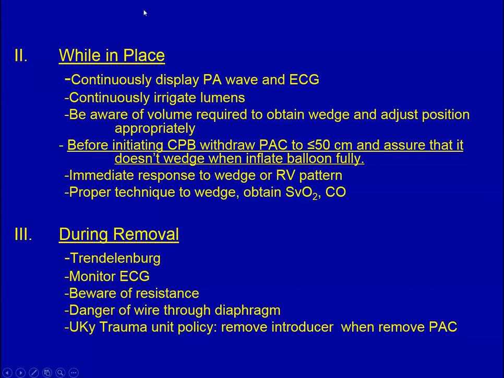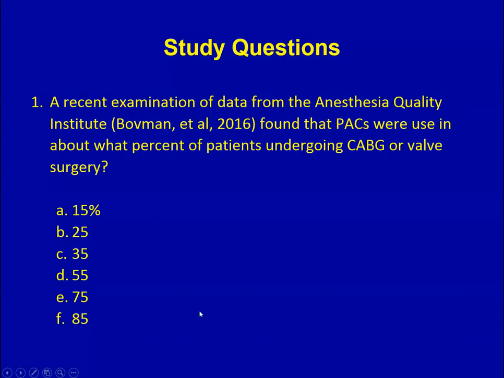You must always deal with the catheter if it shows a wedge trace or an RV pattern, and you must use proper technique to obtain a wedge pressure, venous saturation, and cardiac output. Finally, as I mentioned, during removal you must place the patient in Trendelenburg, monitor the ECG, beware of any resistance, and beware of the danger of leaving the wire through the diaphragm.